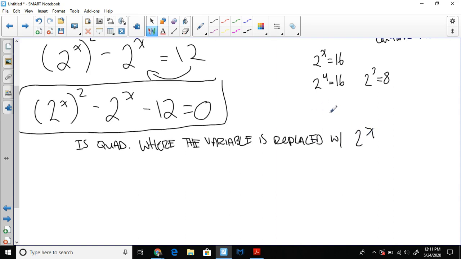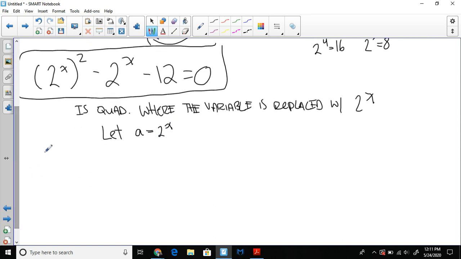Okay, so what am I saying? Well, check it out. Let's pick a letter. Everyone pick your favorite letter. 1, 2, 3, go. I'm going to say A equals 2 to the x. Then if I replace 2 to the x with A, I'm going to have A squared minus A minus 12 equals 0.